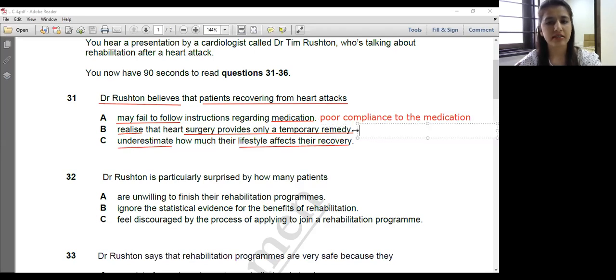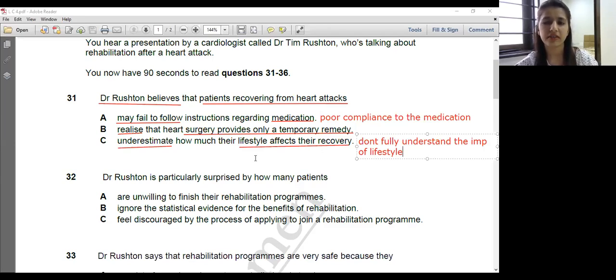Second one says that they acknowledge the fact. So there's no simplification here for B as such. And for C, it means they don't fully understand the importance of lifestyle modification. They underestimate means they don't fully recognize the importance of lifestyle modification, because it says how much their lifestyle affects their recovery.